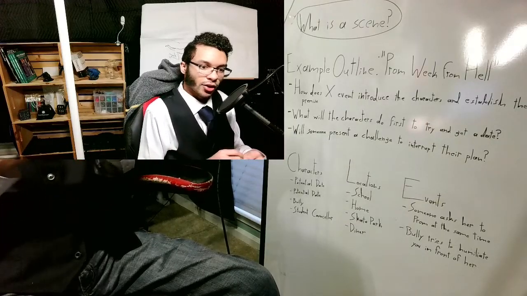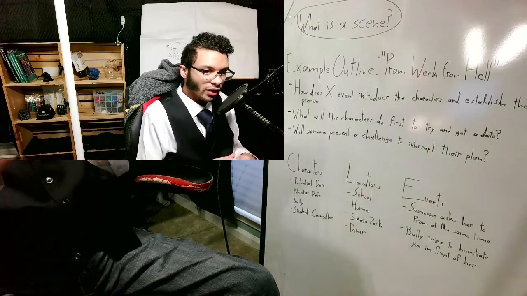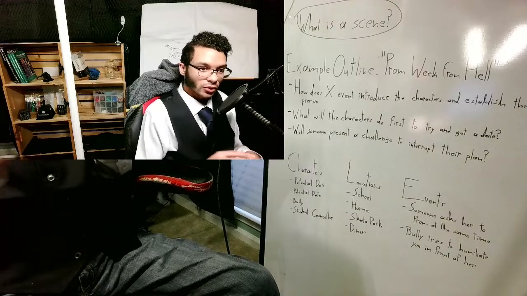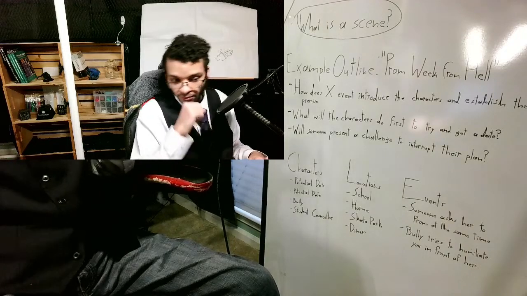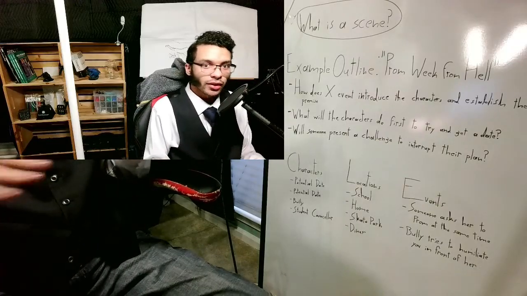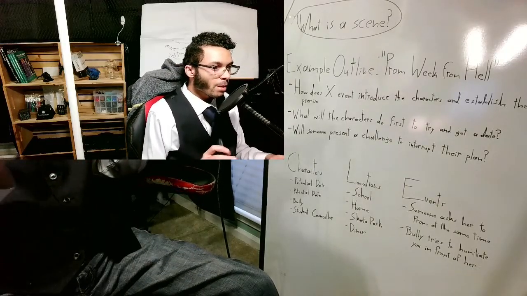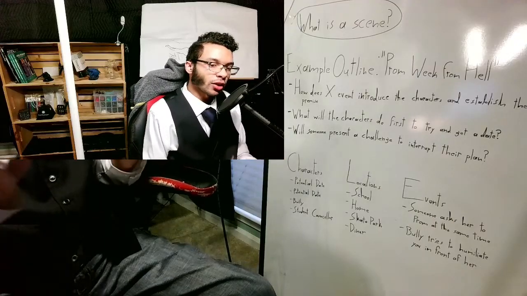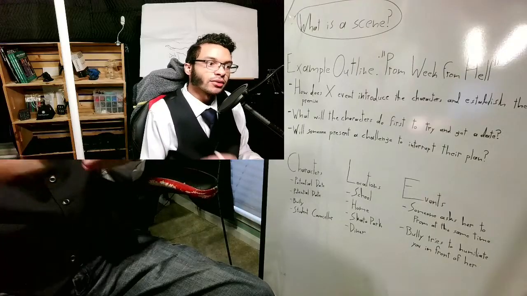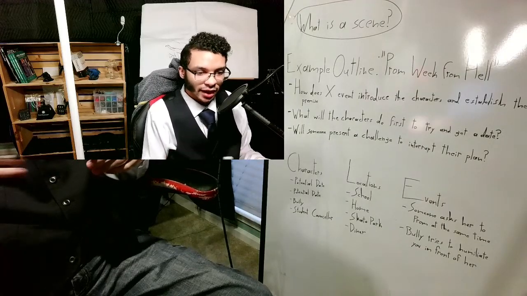You say, we've got these locations, we've got these events, you know what your goal is for this story. Where will you go? What will you do? And then scenes happen based on what the players choose, not this happens and this happens and this happens.